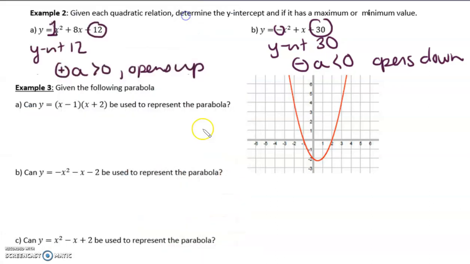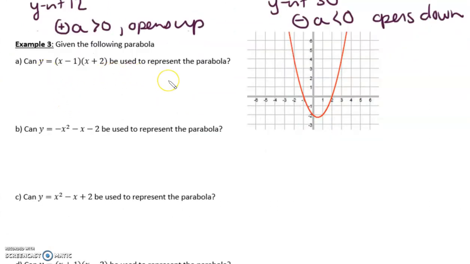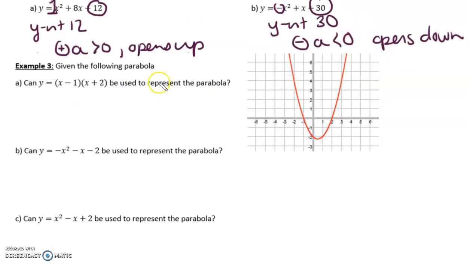Okay. All right, number 3. Given the following parabola, can this equation be used to represent the parabola? So we're given an equation here in factored form. So I would branch these off. X minus 1 equals 0, and x plus 2 equals 0. And I would bring these over. x equals 1, x equals -2.